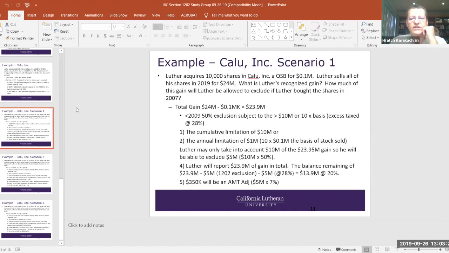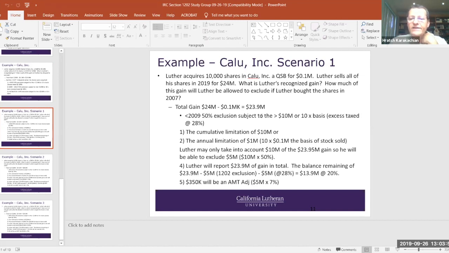And here's the calculation. Our gain is 23.9 million. We can exclude 50%. The limitation is 10 million or 1 million. He can exclude 10 million and get a 50% exclusion of the 10 million. So under 1202, he can exclude 5 million.